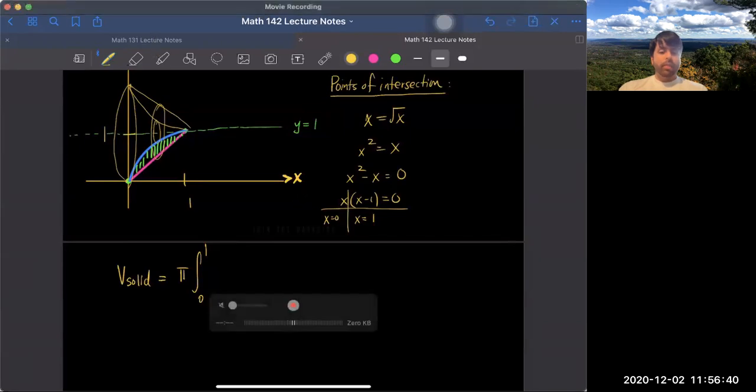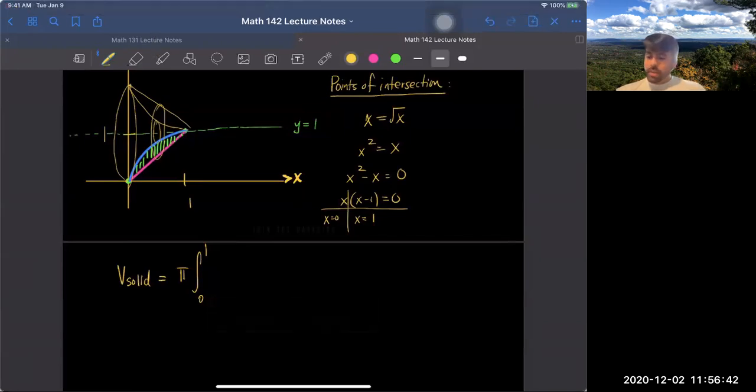Y equals x. So be careful. You know what y equals x represents? This is what y equals x represents. That's not the big radius, right? The big radius is this. So look at this as my center. And this is the outer one. You see that? So how do I express this distance here?